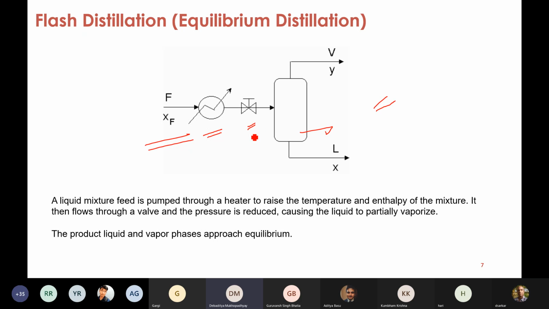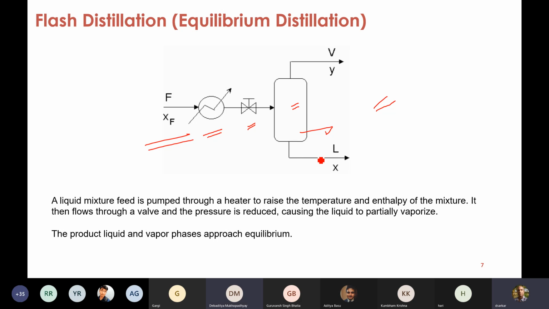So a liquid mixture is pumped through a heater and the temperature is raised. So enthalpy is increased. It then passes through a valve where the pressure is reduced, which will cause the liquid to partially vaporize. So you take this partially vaporized liquid and vapor into this flash drum.